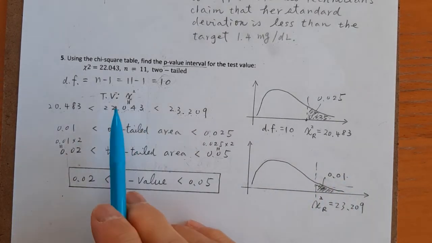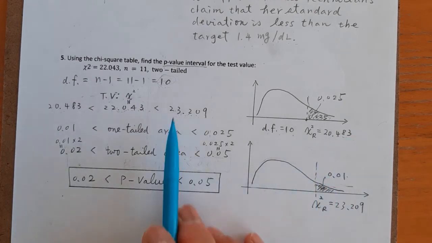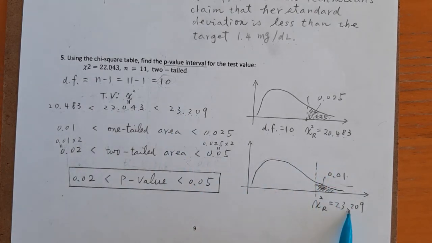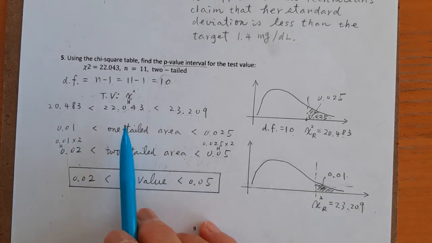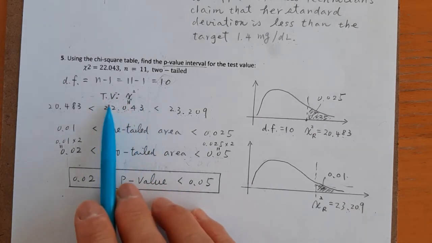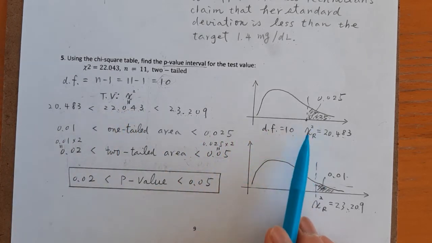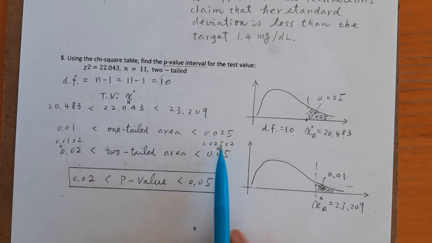Now, since this test value is between 20.483 and 23.209, the area to the right of this test value is also between 0.01 and 0.025.